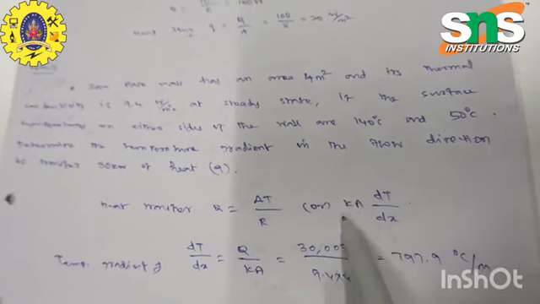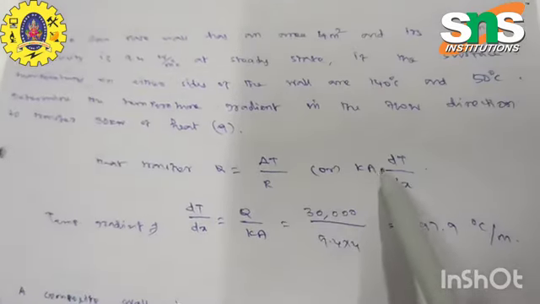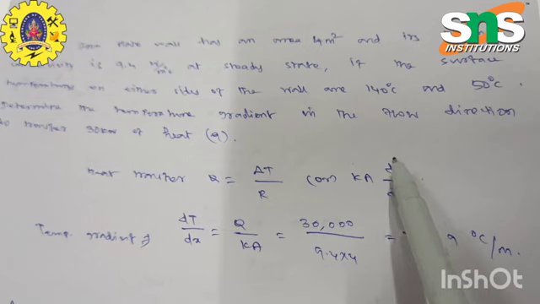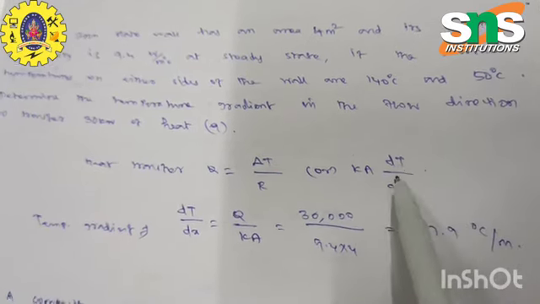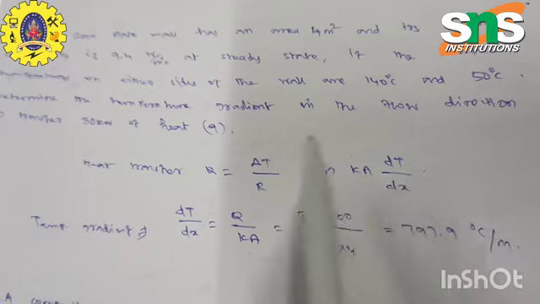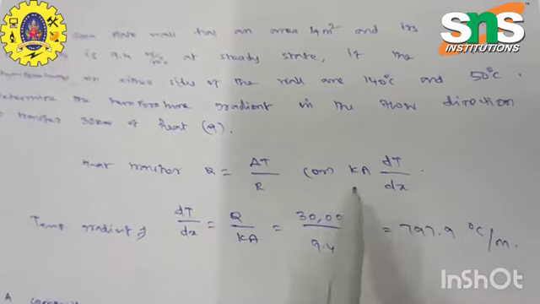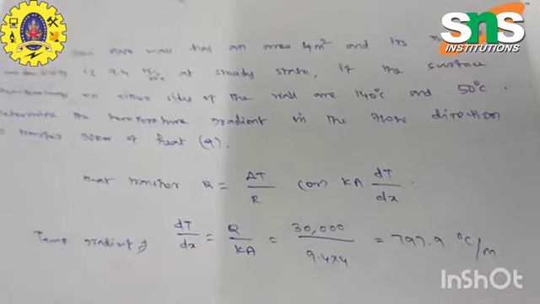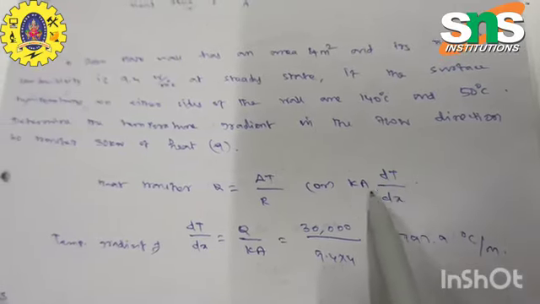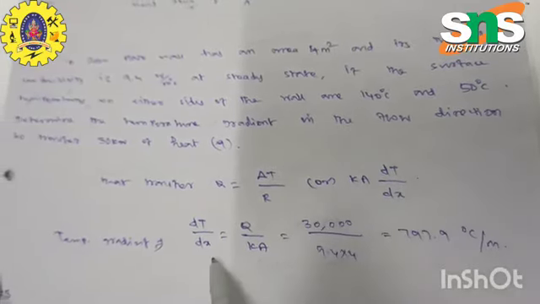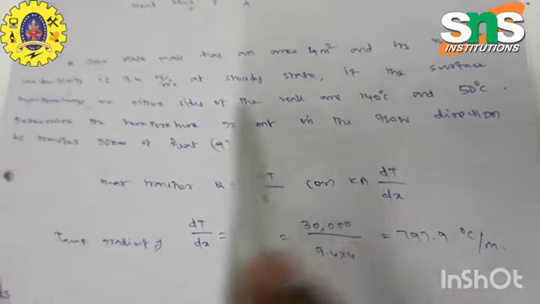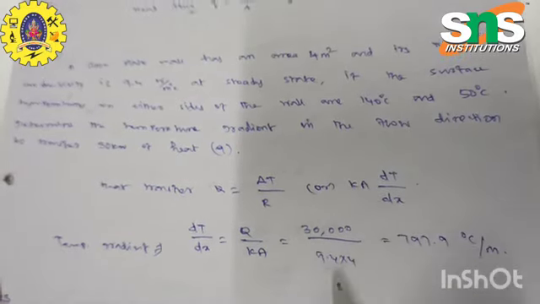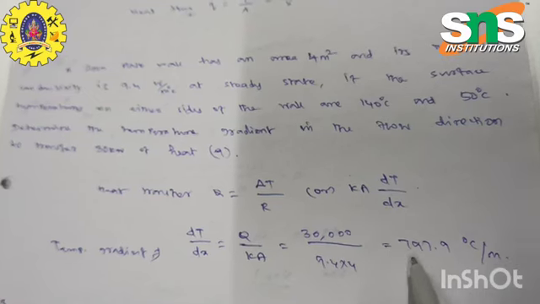Here K is the thermal conductivity, A is the area, and dT by dx is the temperature gradient, which we need to find. So we rearrange this equation from right-hand to left-hand side: dT by dx, the temperature gradient, is equal to Q by KA. Substituting all values from our given data, we get the temperature gradient.